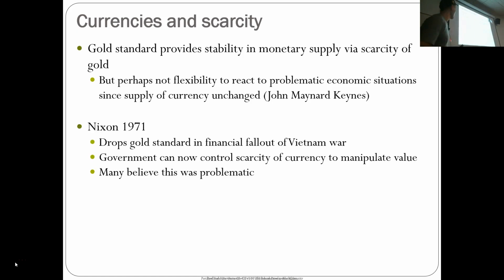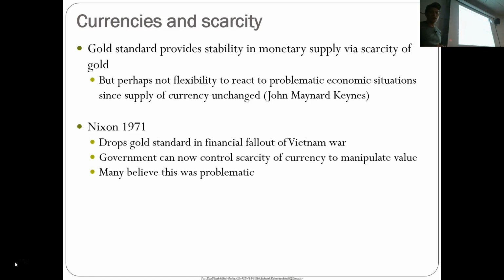And so in 1971, this was very controversial. Nixon decided to drop the gold standard in the financial fallout from the Vietnam War. And now, for the first time, the government controls the scarcity of the currency.